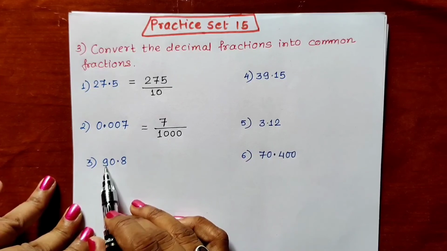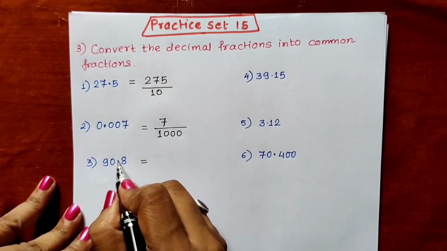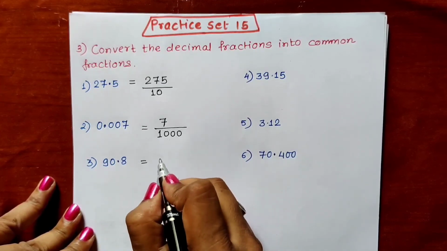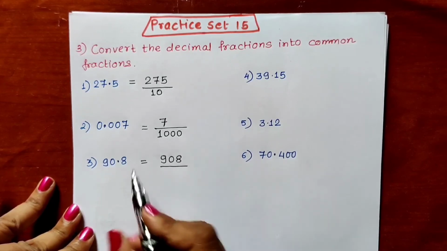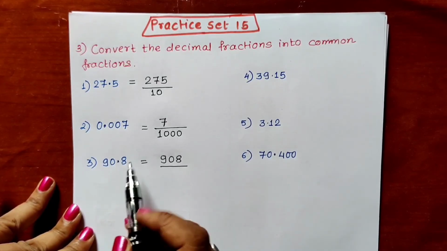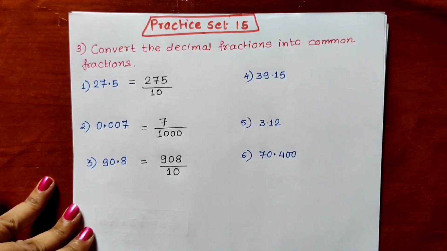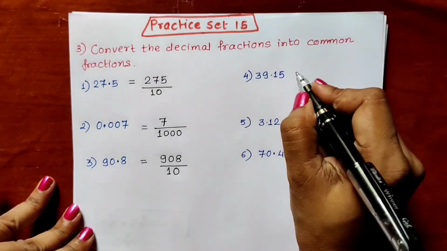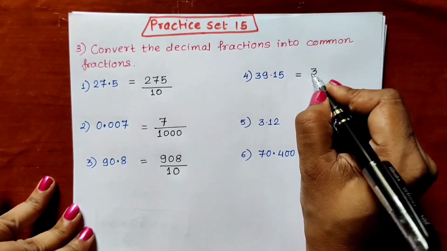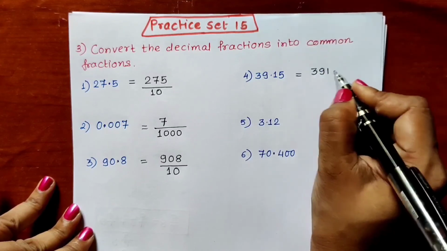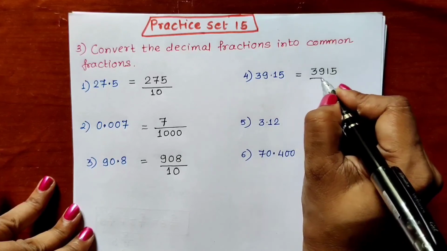Now let us see this next sum, 90.8. So again remove this decimal point, do not write it. We write it as 908 upon. After point there is single digit, so after 1 we write single 0 in the denominator. Now let us see this fourth one. In fourth one, 39.15 is there, so we write without decimal point 3915, that means 3915 upon.